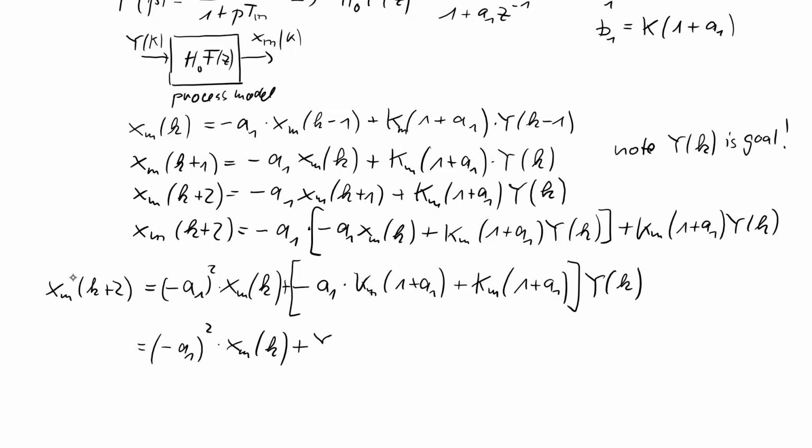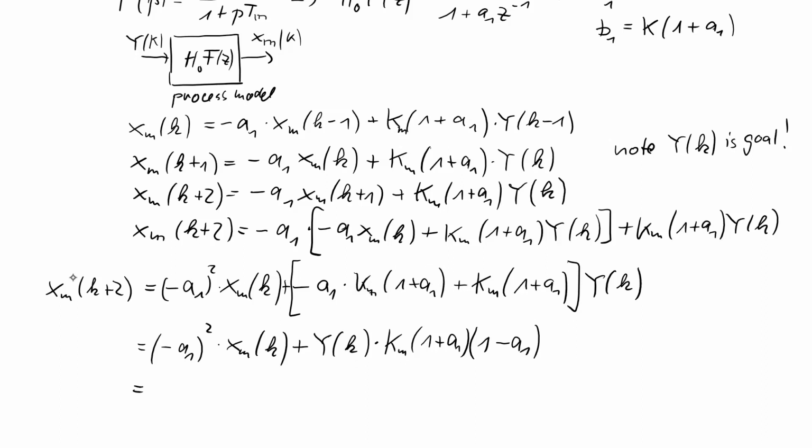plus y of k times km1 plus a1 is this part, and I extract km1 plus a1, so this is a1 times km1 plus a1, and this is minus a1 times km1 plus a1, so this is minus a1.